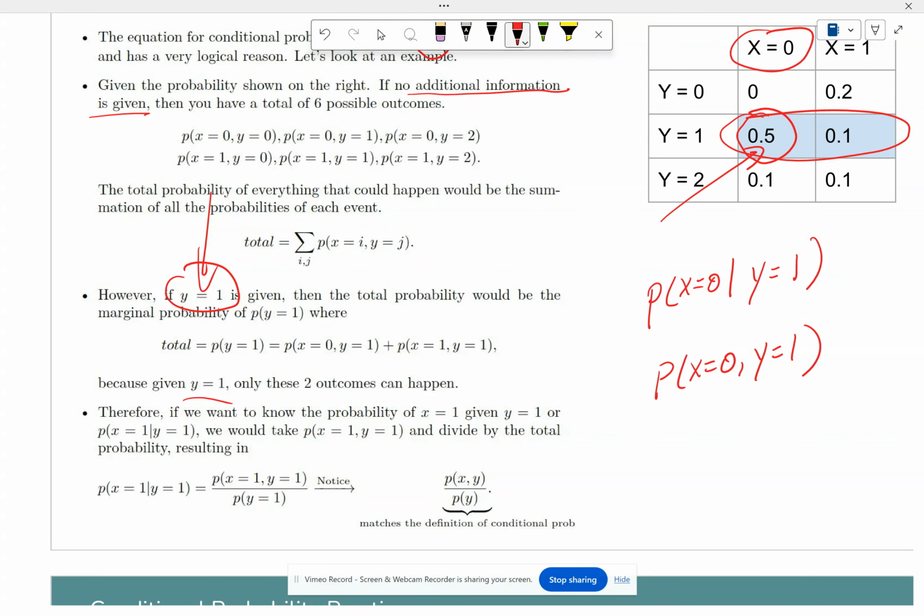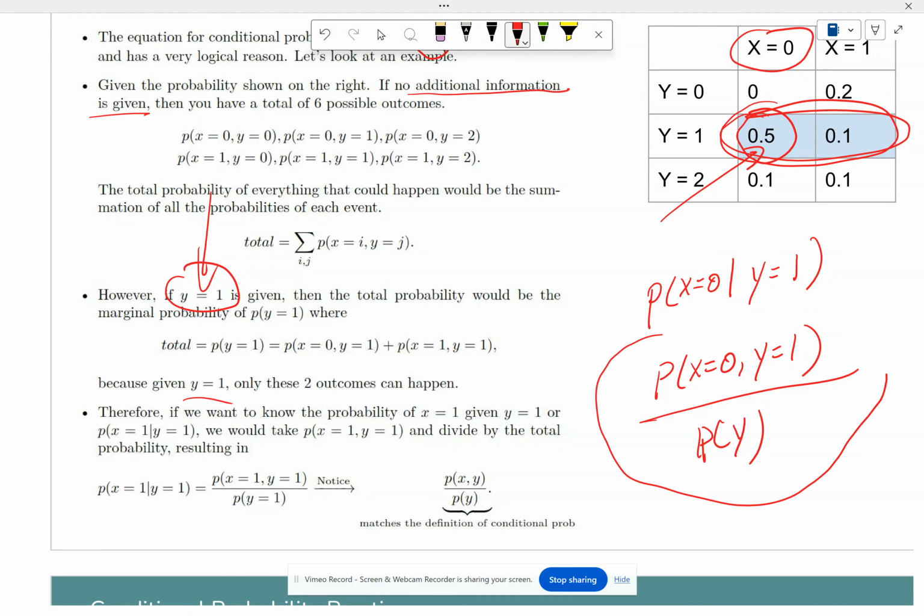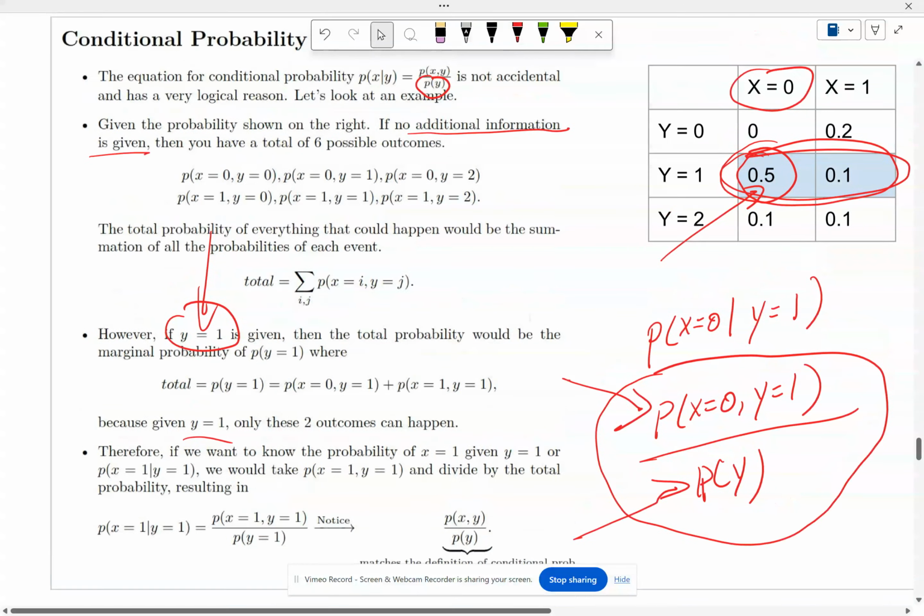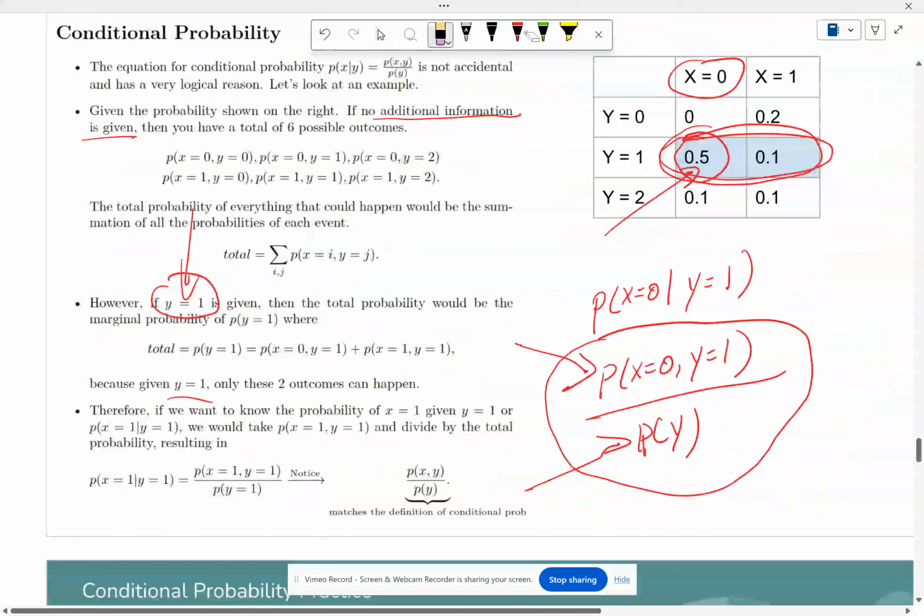So the probability this would happen is right here. And then we need to divide it by the total probability, which is the probability of Y. So notice this right here is the joint distribution, and this right here is the marginal distribution. Exactly what we described here.